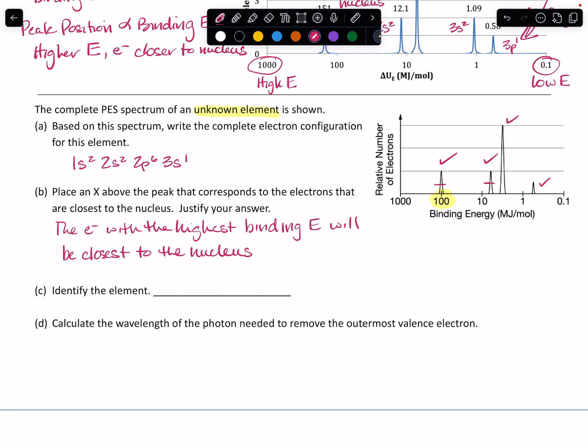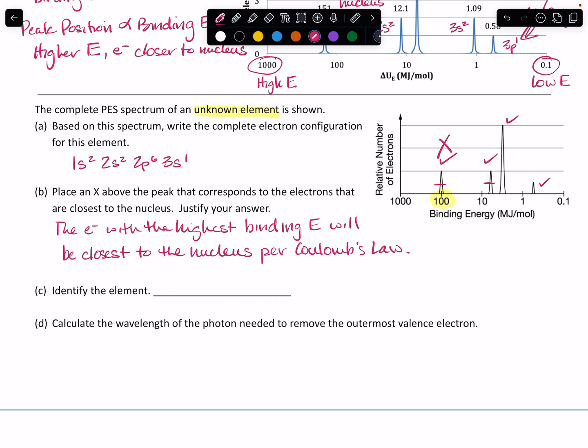And I strongly suggest you say per Coulomb's law. So that means that this peak right here, around 100, is going to be the electrons closest to the nucleus. They have the highest binding energy.